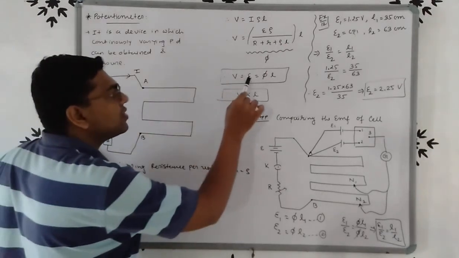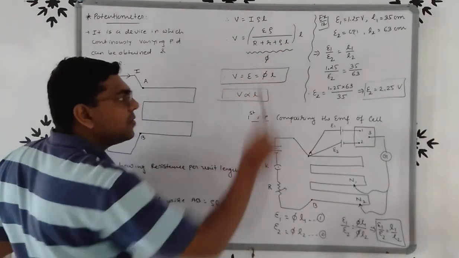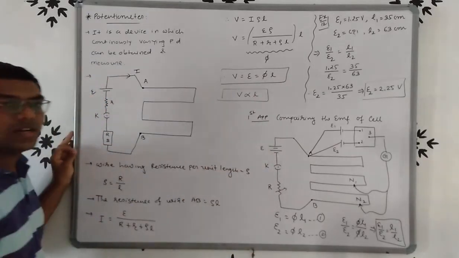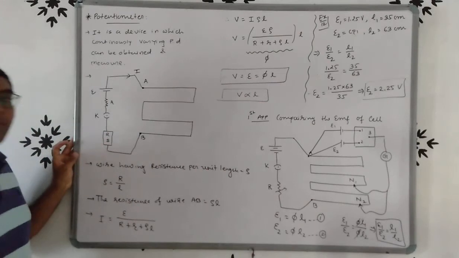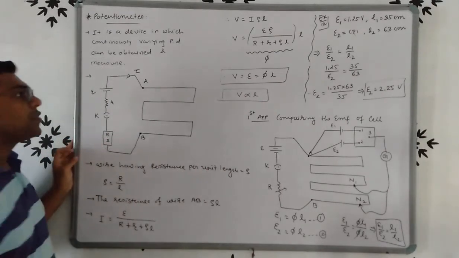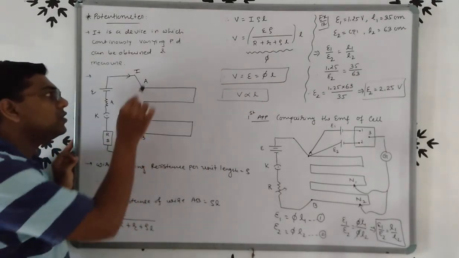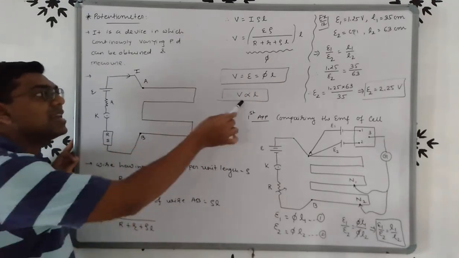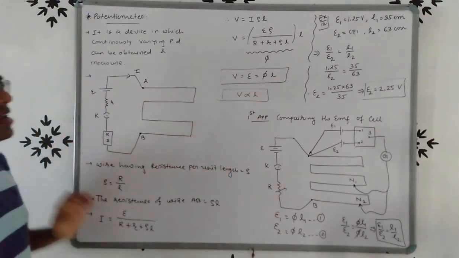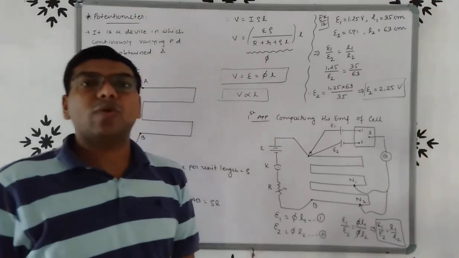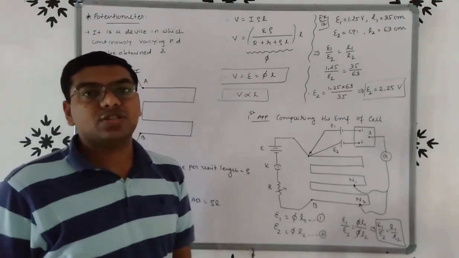So V is equal to phi L. Since phi is constant, V is directly proportional to L. So we can say that the potential difference between 2 points A and B is directly proportional to the length of the wire.